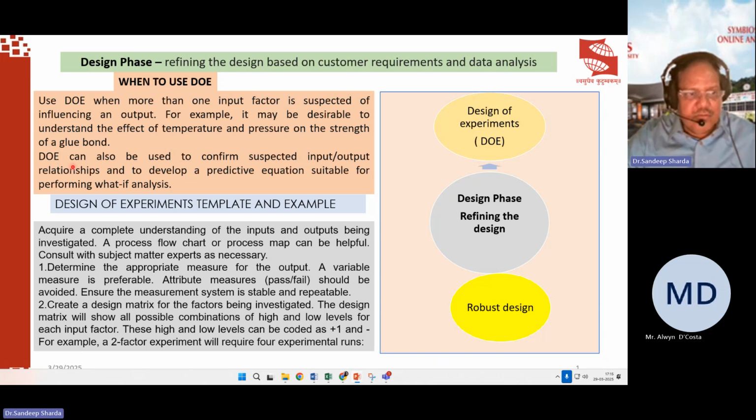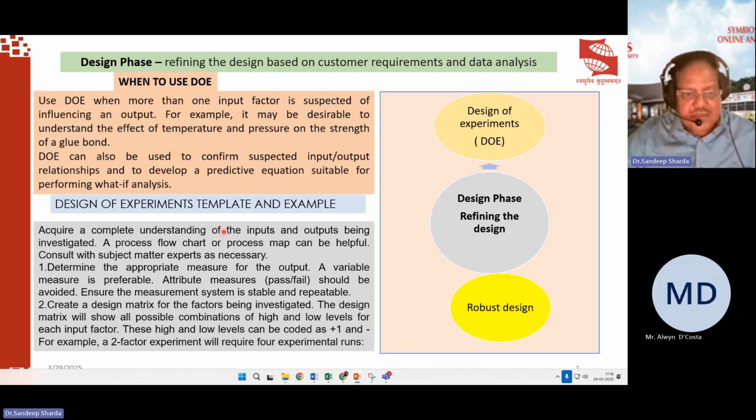If we are using a glue bond, then temperature and pressure are going to have an impact. DOE can also be used to confirm a suspected input-output relationship and to develop predictive equations suitable for performing what-if analysis. We are going to discuss a design of experiments template and example.